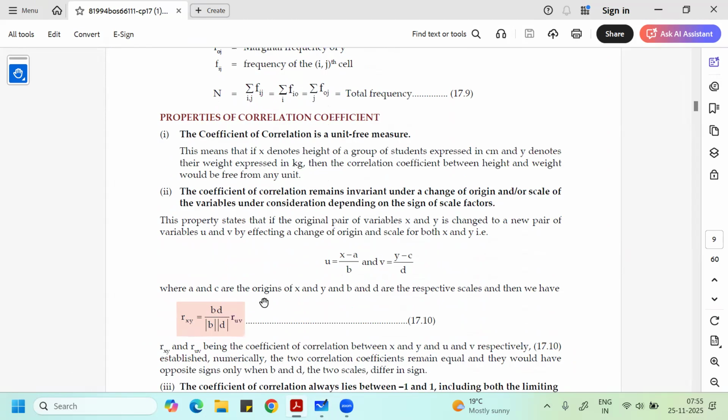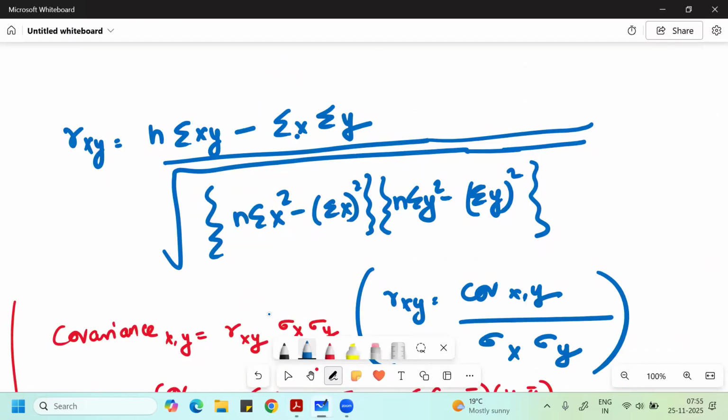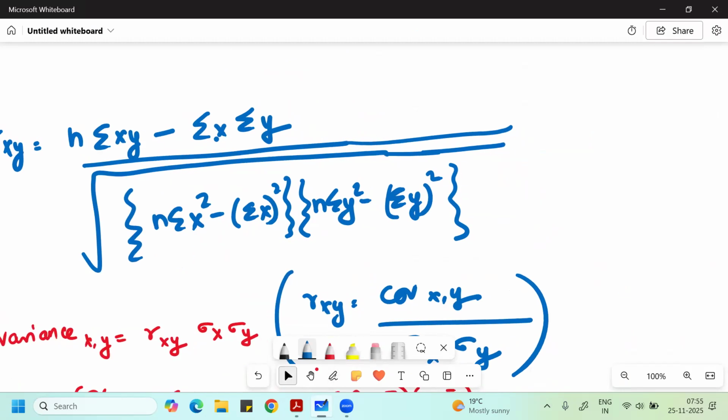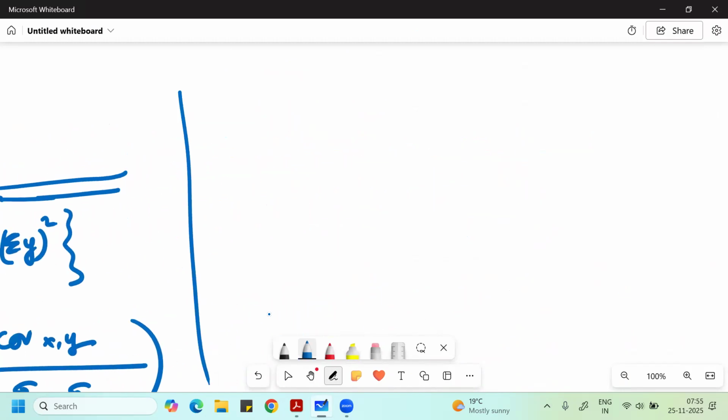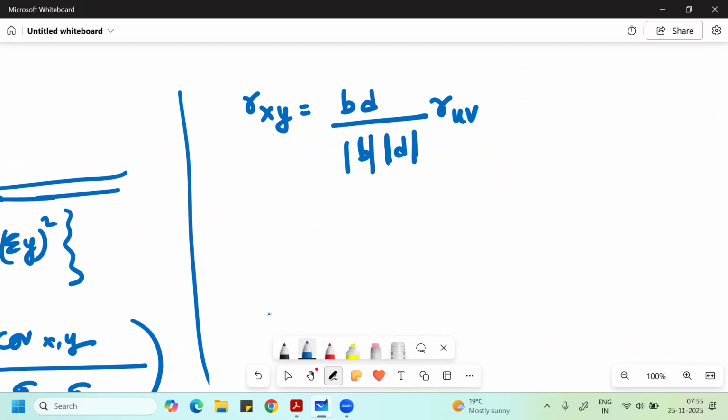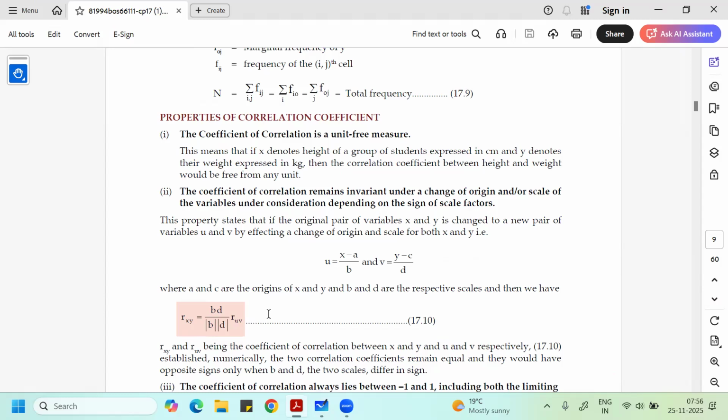Remember this relationship: if your two variables are given as x and y, and another set of two variables is given in the form of u and v, then r of xy is equal to b into d by modulus of b into modulus of d, times r of uv. Here b and d are the slope coefficients when you represent the variables in the form of equations.